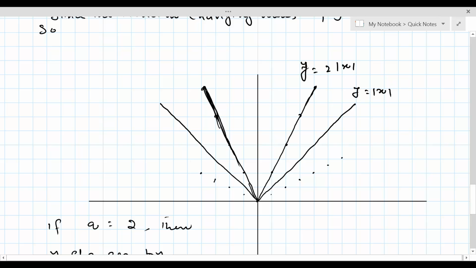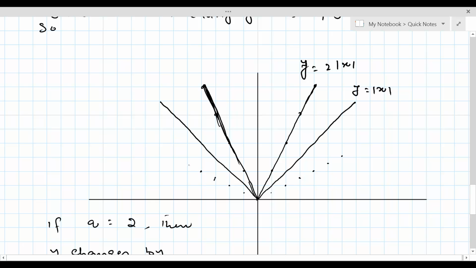So now we can estimate a curve through these points. So this will be the new curve, and on the left side this will be like this. So this will be y equal to 0.5 mod of x.